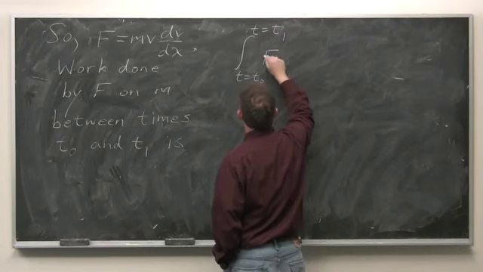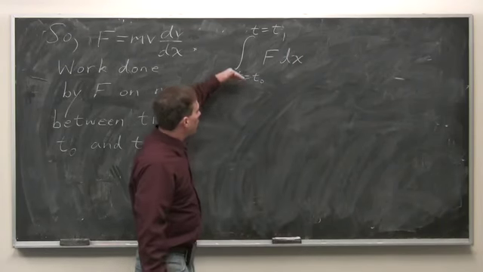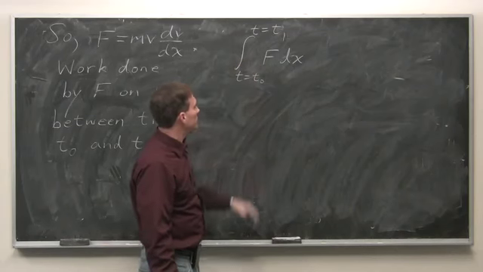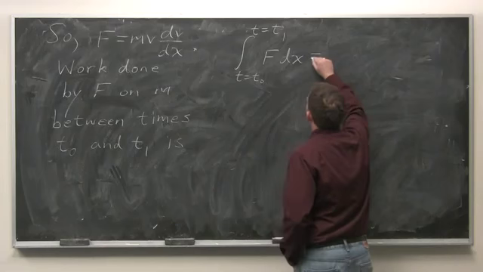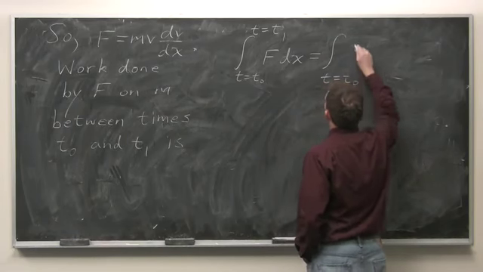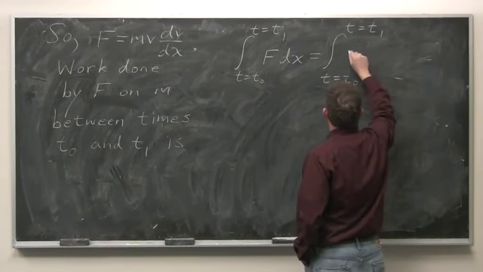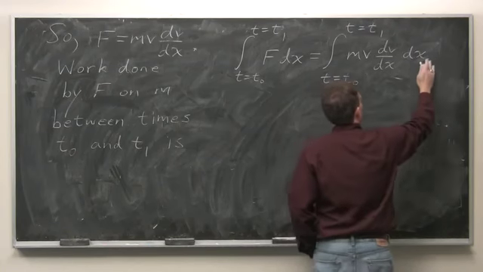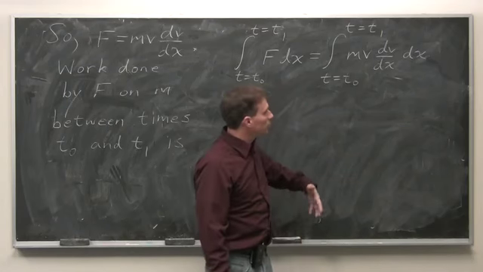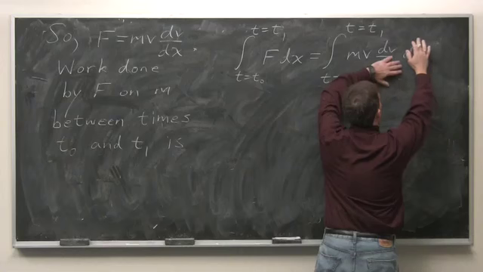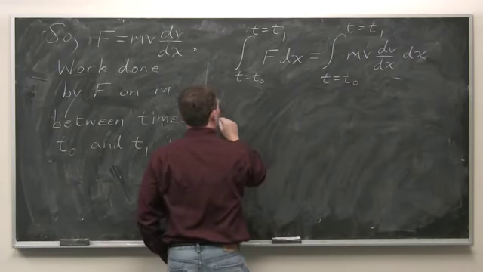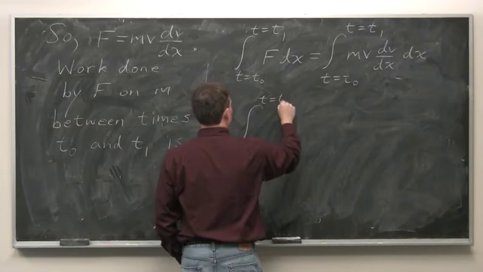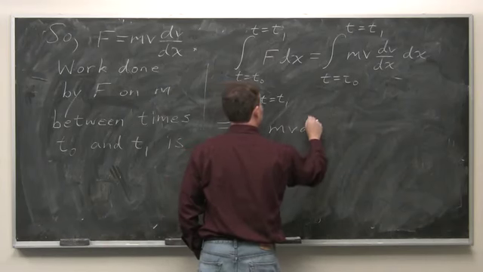Of course, if you wanted to evaluate this integral, you'd need to know what the position is at time t0 and what the position is at time t1, and write the x-coordinates of the position there. But what we've just said is that this is equal to F, which is m dv/dx, times dx. Now, the chain rule in integration terms, or substitution, which is the same thing, says that effectively these dx's cancel. And you get that this equals the integral as time goes from t0 to t1 of mv dv.